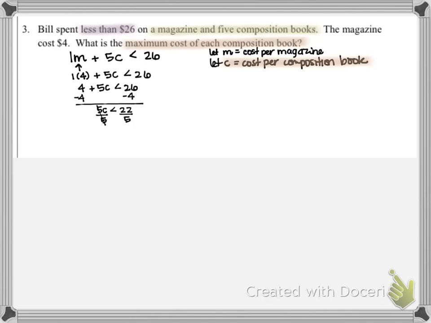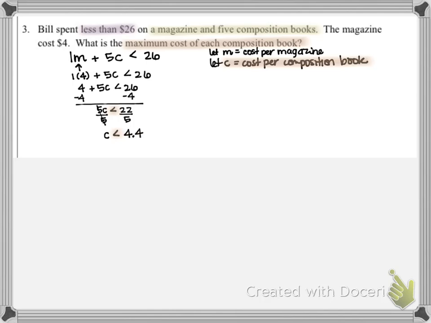In this case, the answer is no. Since it is not a negative number, I don't have to worry about that inequality sign flipping around on me. So I can keep it. I'm just going to drop it straight down. So it didn't flip because I'm not dividing by a negative. Let's bring the C down. I've bought composition books in the past, and I know that I don't pay 22/5 for them. So I would go ahead and divide and get my decimal out of this.